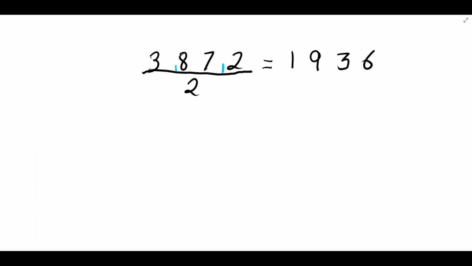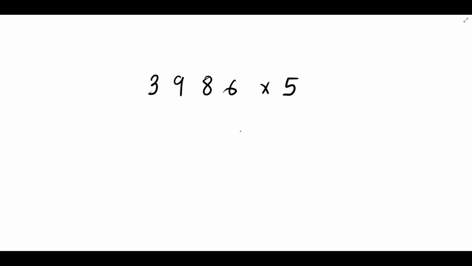Now, as promised, let me show you how you can use this to multiply by 5 and its powers. Take any number, 3986 for example. You want to multiply by 5, and this analogy is just the inverse of what we did last time.